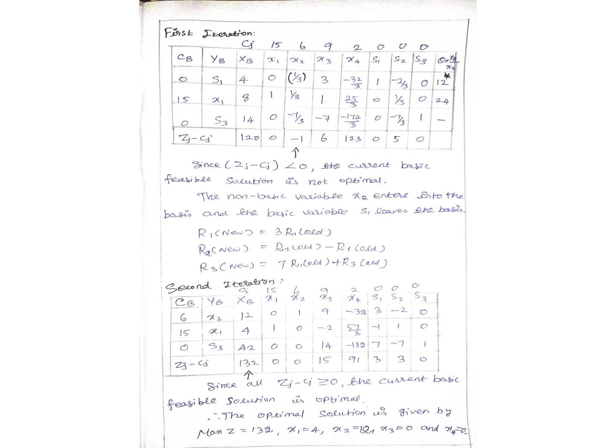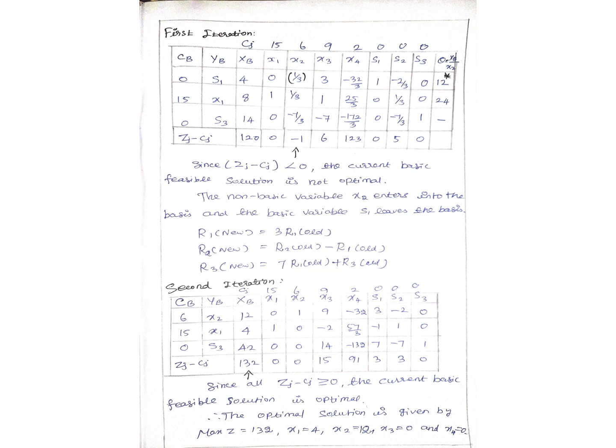Next one, 6 into 3 plus 15 into minus 1 plus 0 into 7 minus 0, which is equal to 3. And next one, 6 into minus 2 plus 15 into 1 plus 0 into minus 7 minus 0, which is equal to 3. And next one, 6 into 0 plus 15 into 0 plus 0 into 1 minus 0, which is equal to 0.